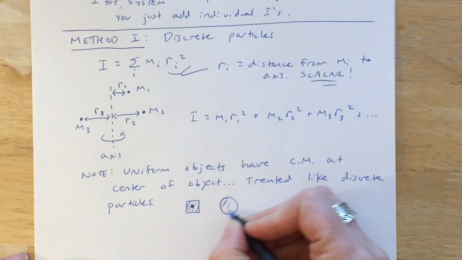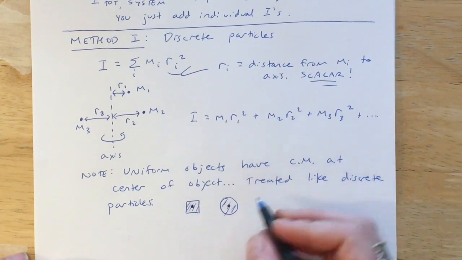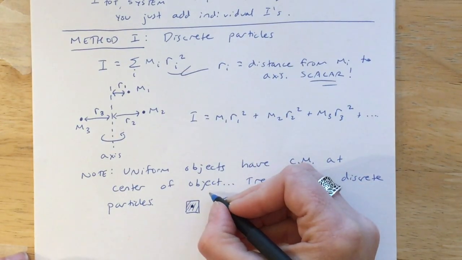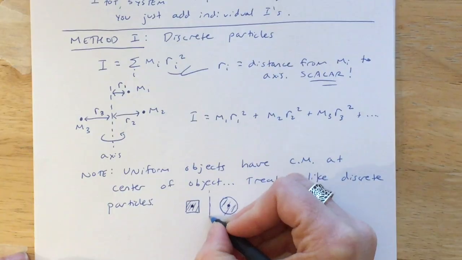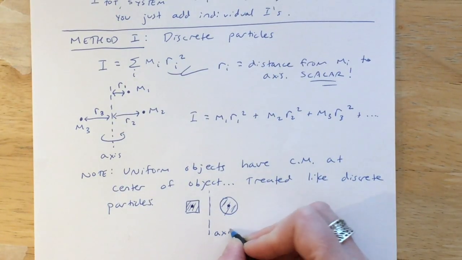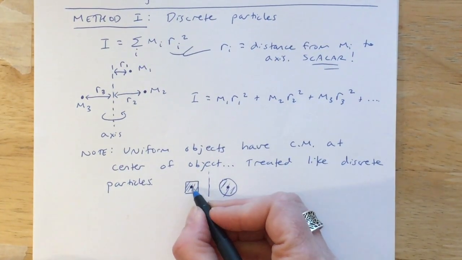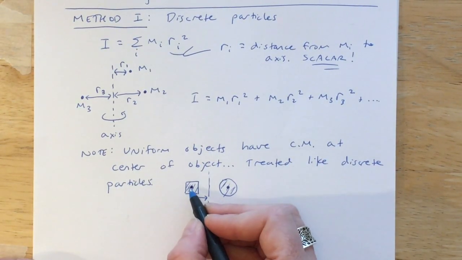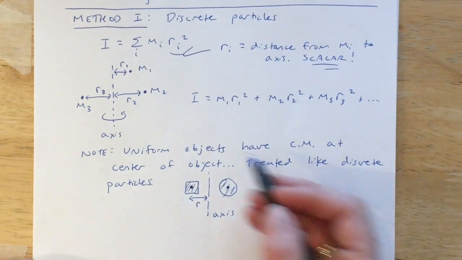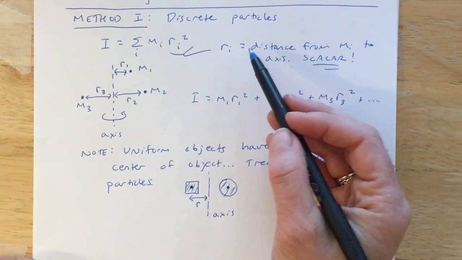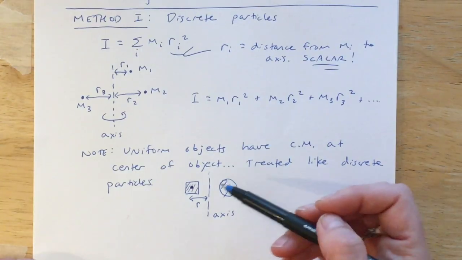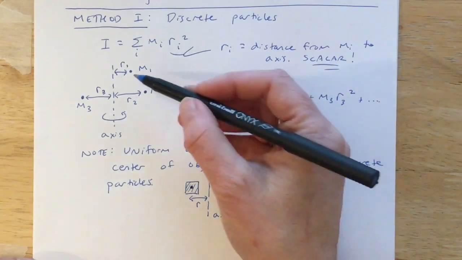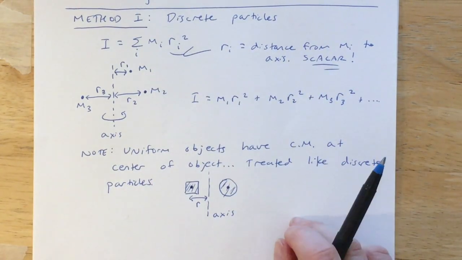Or if I have a disk or a sphere, it could be treated as a single particle with its total mass at its center. And then this would work out the same way. If I have some axis of rotation, then I would have my R in this case being from the axis to the center of mass. So this applies not just to discrete particles, but also to, say, larger uniform objects where you then just find the center of each object and then you can add up their individual moments of inertia.